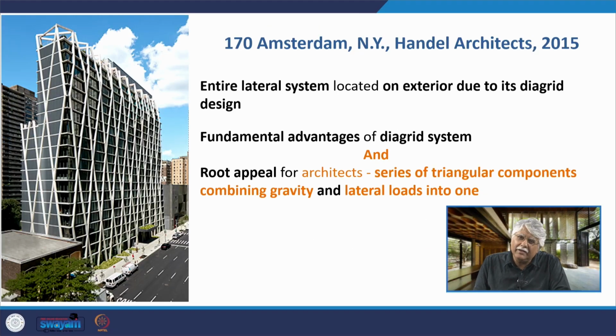So in the 170 Amsterdam building by Handel Architects, the entire lateral system, the Diagrid system, is located on the exterior. That means the exterior has this Diagrid design. The fundamental advantage, one, is of course the aesthetic appeal for architects. Also, the series of triangular components combine both gravity and lateral loads into one.